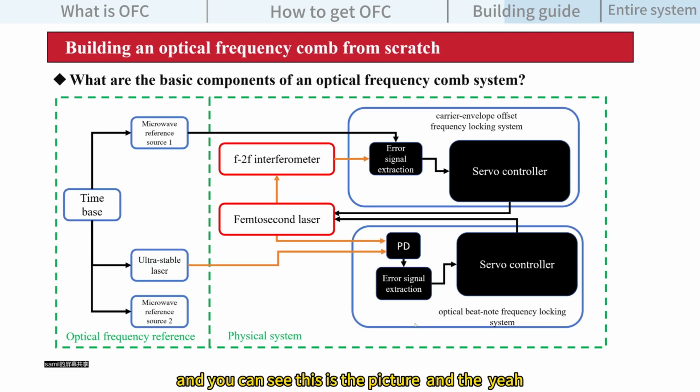You can see this in the picture, and most of the components are the same as in the RF reference fully locked optical frequency comb, but with a slight difference: it uses a PD to get the beat note frequency, not the repetition frequency, to lock.